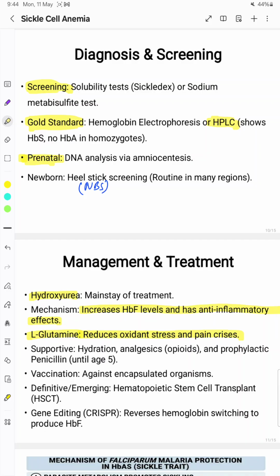Diagnosis and screening of sickle cell disease. For screening, use the solubility test or sodium metabisulfite test to see the sickling of RBCs. The gold standard is hemoglobin electrophoresis or HPLC, which shows increased HbS.